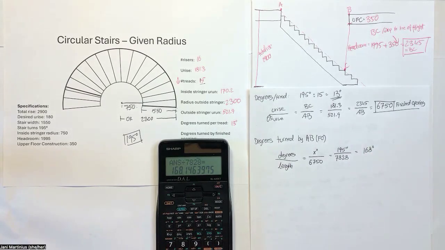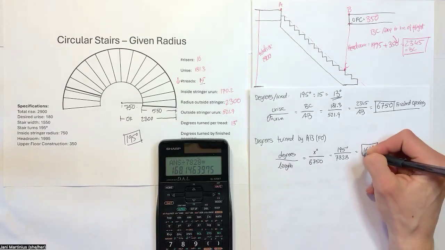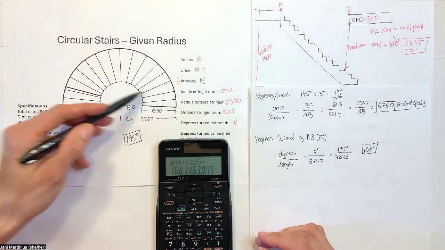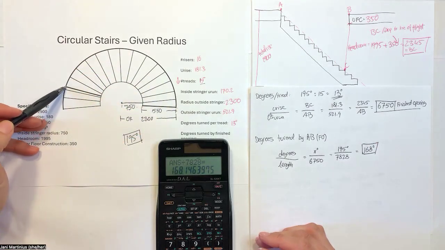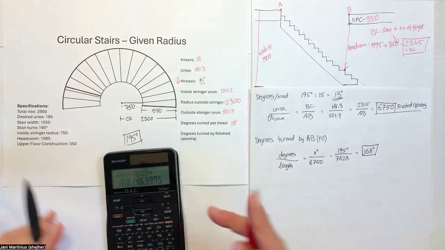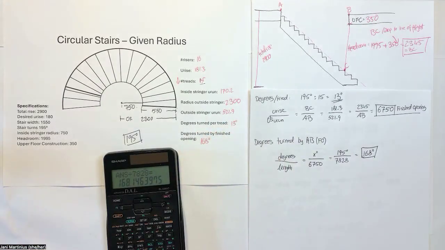Gives us 168 degrees. So while the entire stair turns 195, the finished opening only turns 168 degrees. And that's how it goes.